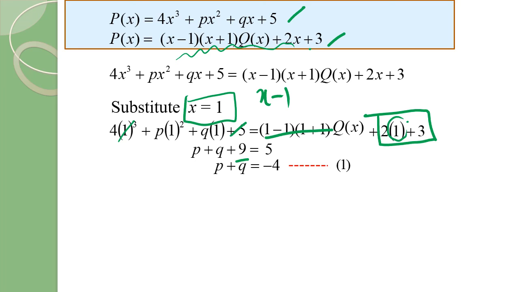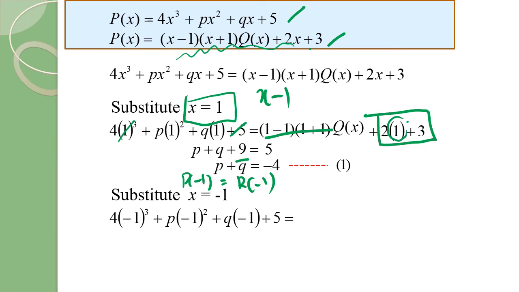The second equation: when we substitute x equal to negative 1, P of negative 1 equal to R of negative 1. So we substitute negative 1 into P(x), we get 4 times negative 1 cubed plus p times negative 1 squared plus q times negative 1 plus 5, and the right side it will be 2 times negative 1 plus 3, which is directly R of negative 1.